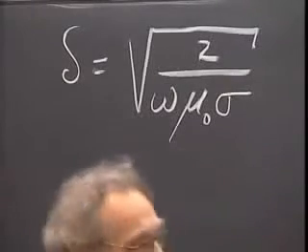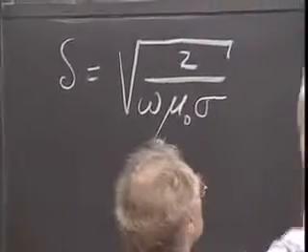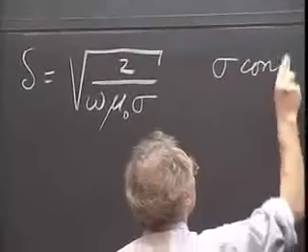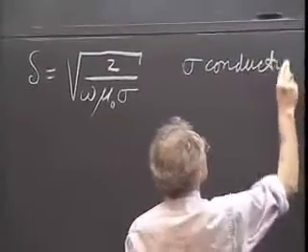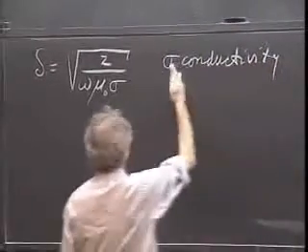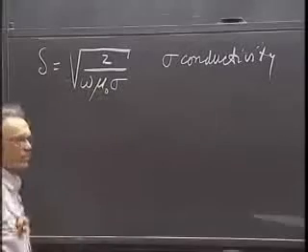And the conductivity sigma for an ideal conductor would be infinitely high, so that the skin depth is 0.